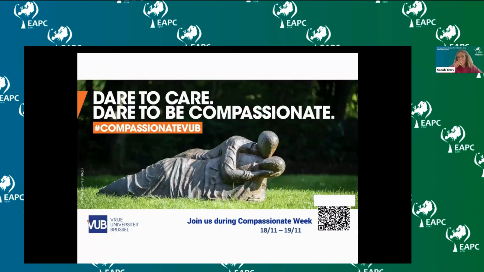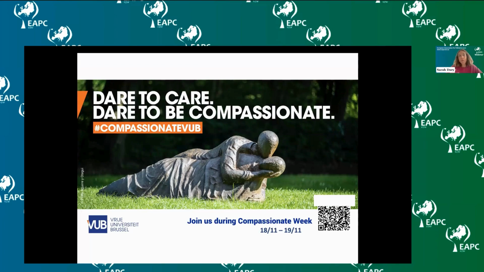And there also, if you're interested, it is physical most of the time, but we are also organizing a Compassionate Week at our own university in Brussels. We had one last year, and now we're having a second time this year, and we're organizing very different types of activities, from drawing to a poetry slam, a compassionate cafe.